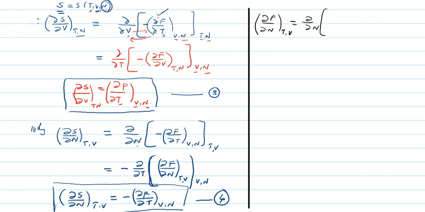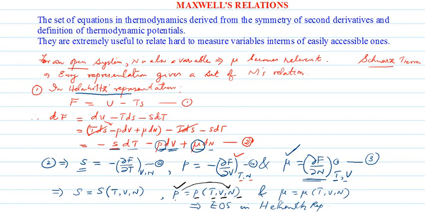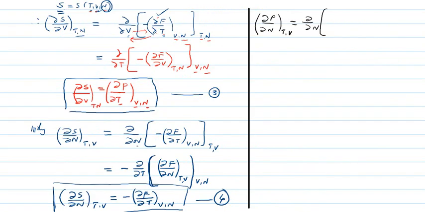P is equal to minus dou F by dou V at constant T and N. I'll be substituting for P as minus dou F by dou V. T, V and N are the natural variables, so what is remaining is T and V, which we can invert. There is a minus sign, I'm taking it outside.